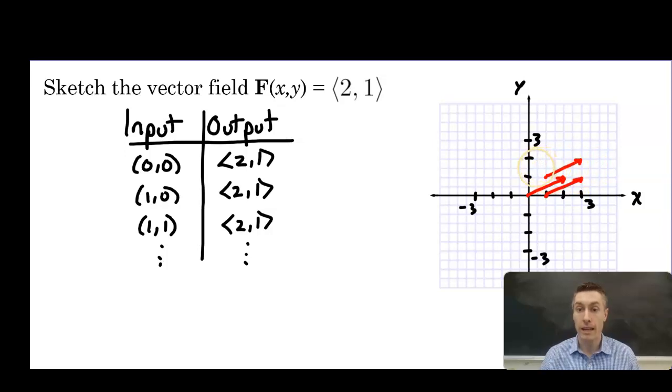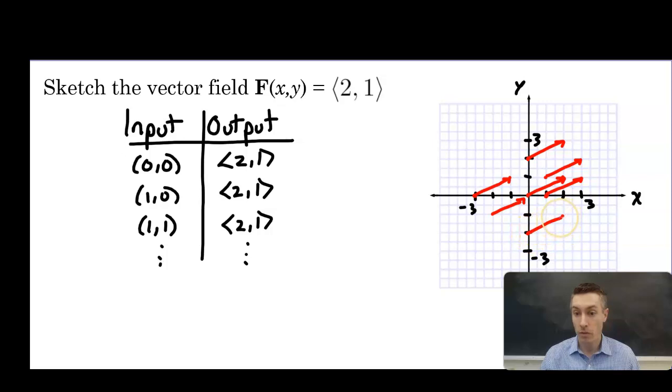I think we're starting to get a sense of what this vector field looks like. But let's say we go to (0, 2). From that point, we draw the vector ⟨2, 1⟩. And let's say we go to (-3, 0). Again, the output is the vector ⟨2, 1⟩. So basically, at any point in space that we want to input, the output is going to be the vector ⟨2, 1⟩.